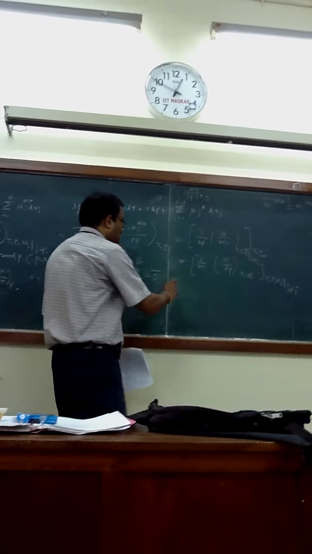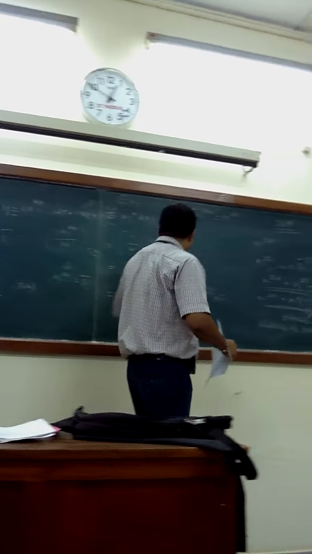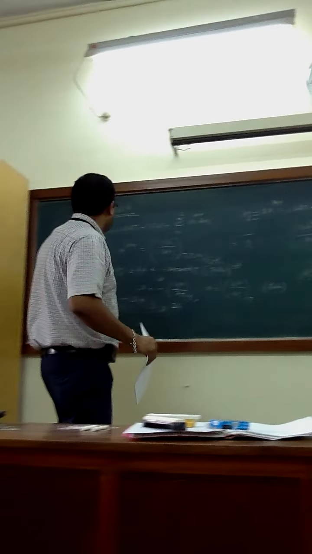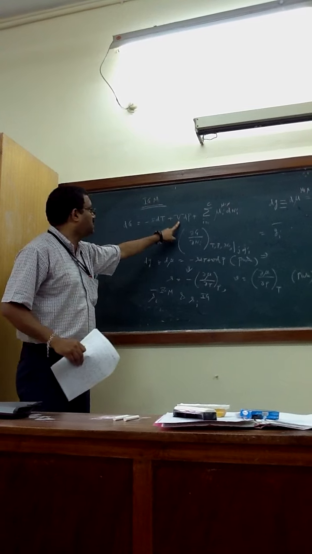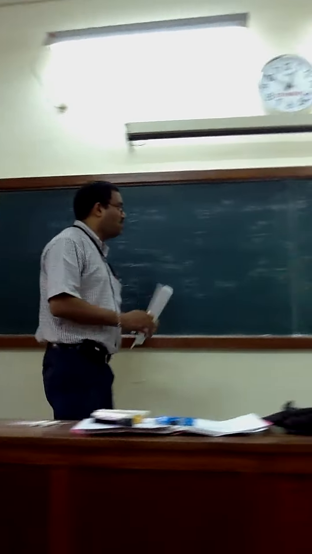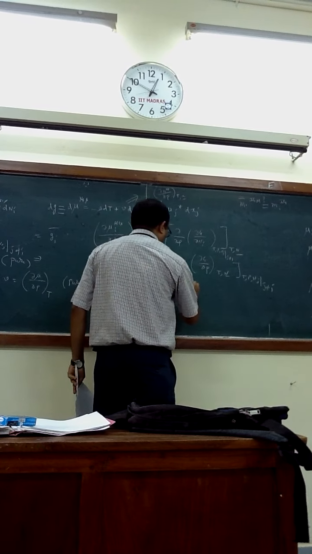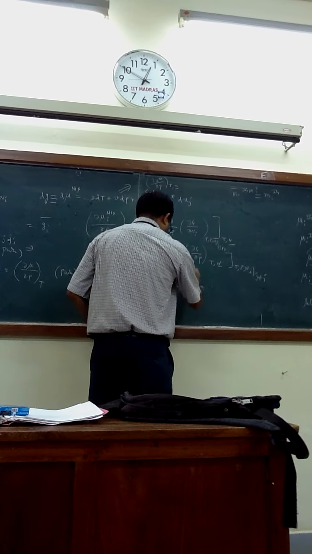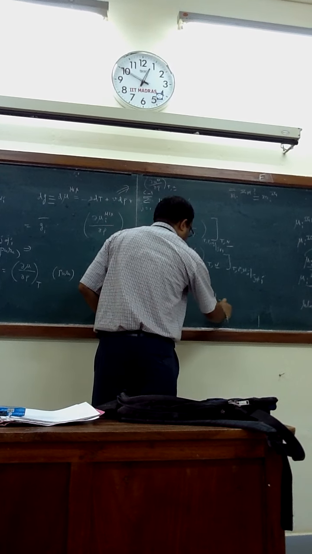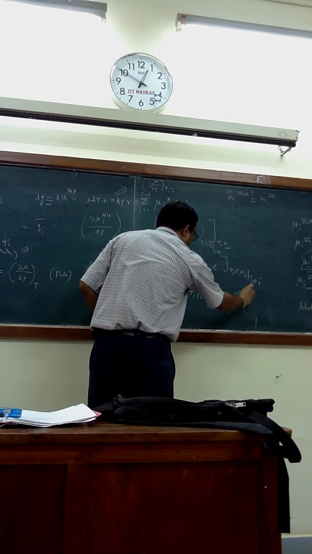Next step, what can we write? What is ∂G/∂P at T, n̄? It is V. Correct? So we have ∂V/∂n_i at T, P, n_j, j not equal to i, which is nothing but V̄_i.